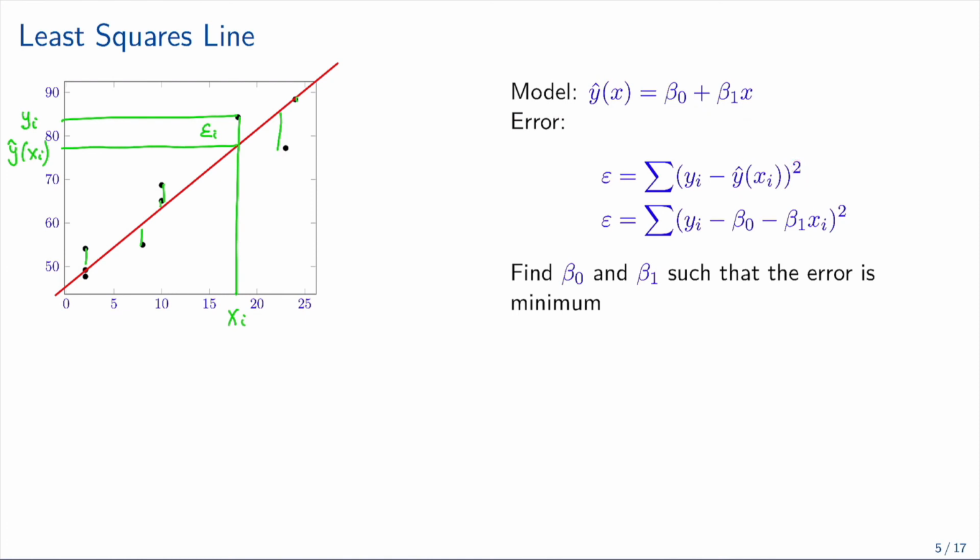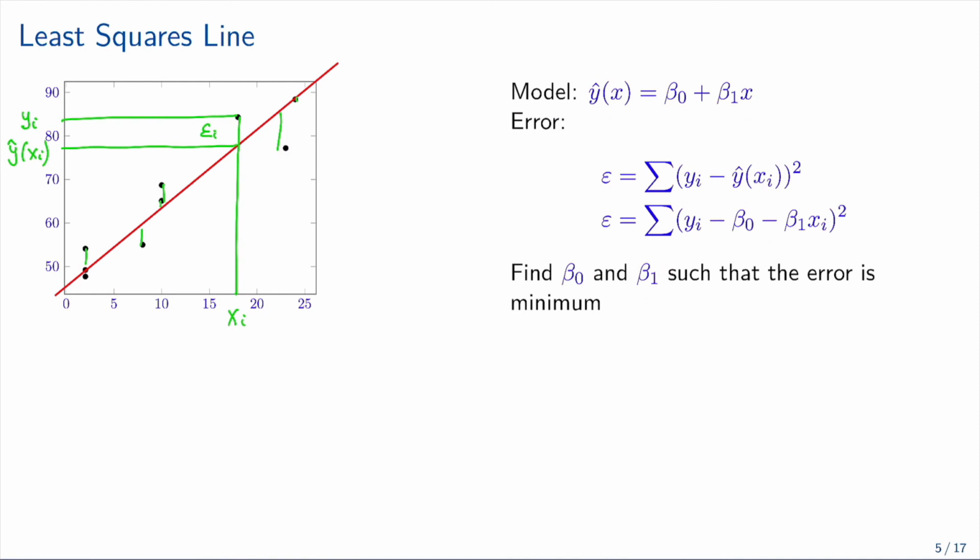The common practice is to square the result, and if we expand the value of the predicted with the equation, we have that the error is the sum of (yi - beta 0 - beta 1 xi) squared. So we need to find beta 0 and beta 1 such that the error is minimum.